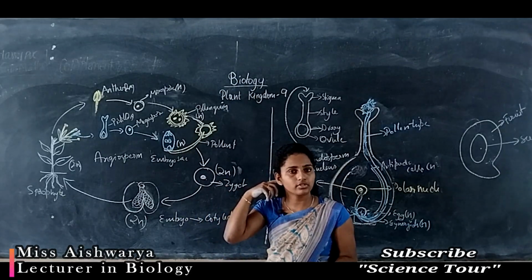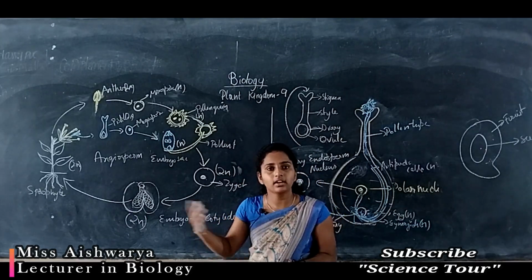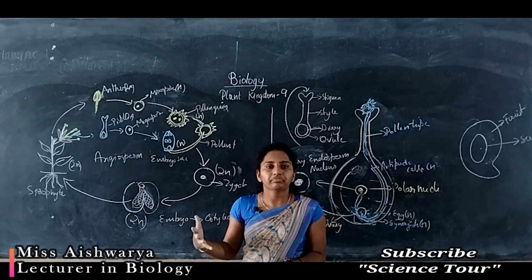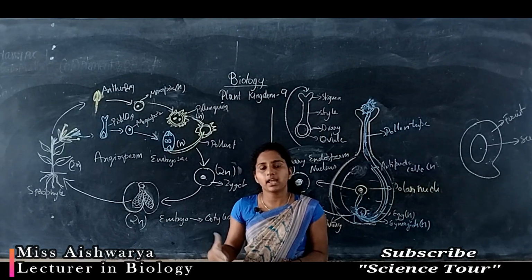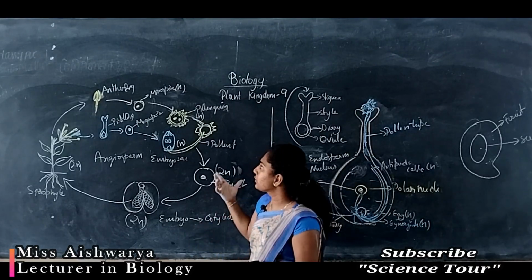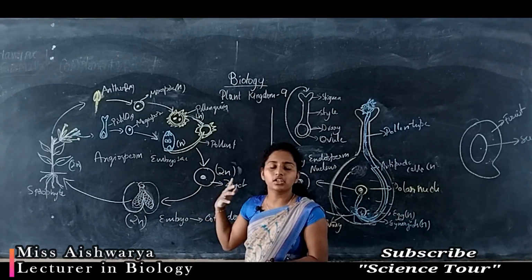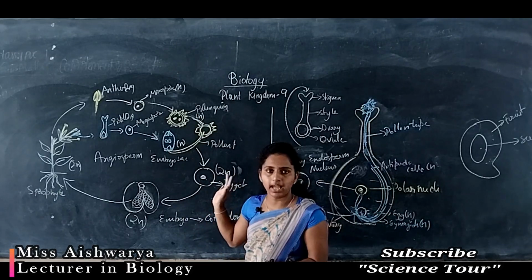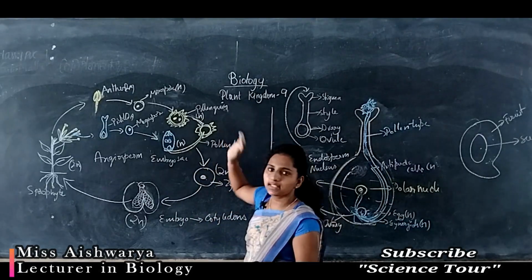Most of the angiosperms are used as ornamental plants. Other uses of angiospermic plants are decoration in gardens, and for stage decoration they use angiospermic flowers. Angiosperms are also called flowering plants, where you can see flowers only in this division.